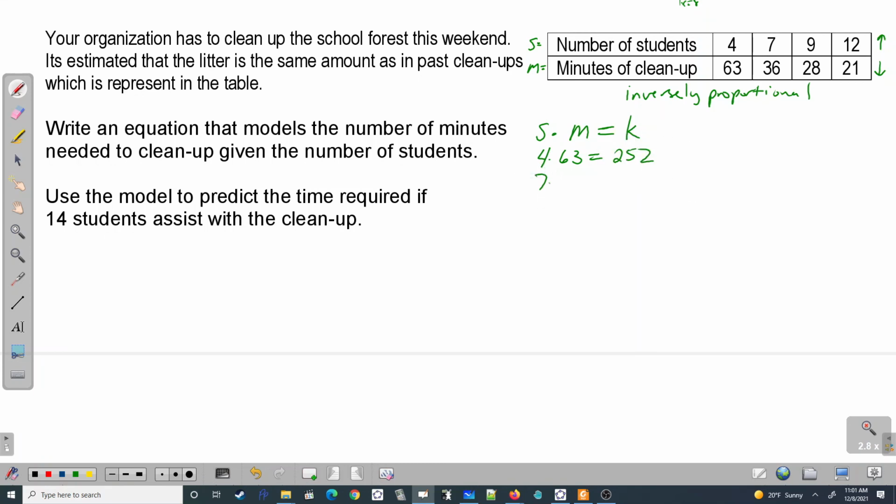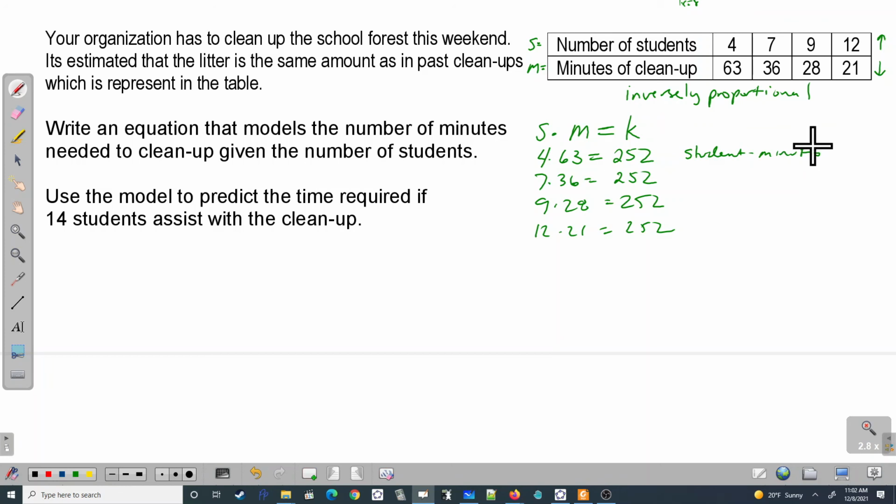And when I went 7 times 36, I got 252. And when I did 9 times 28, I got 252. What a coincidence how these all worked out so nicely. And 12 times 21, that's right, 252. So it seems it takes 252 student minutes to clean up a school forest.